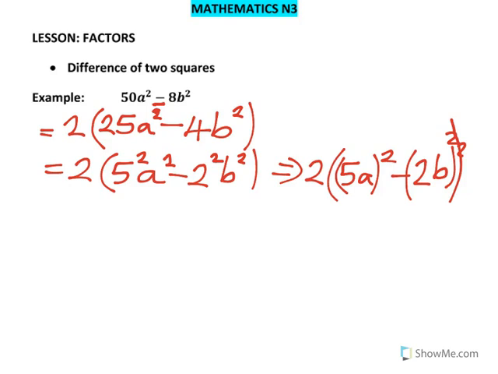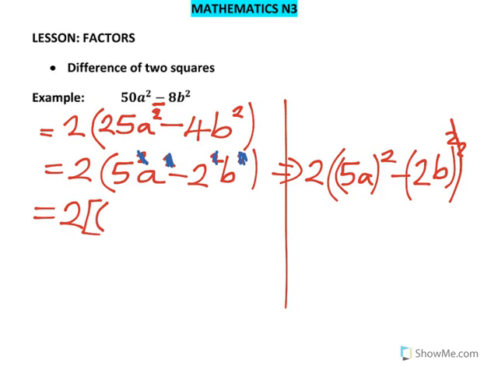But still, you can continue with the current method, whereby, as I said, pretend you don't see these squares. Remember, everything must have a square so that you can write it as a difference of two squares. If you pretend you don't see those squares, you're going to have a 2. Now, because there are going to be other brackets, you can start with a square bracket. What are you seeing?